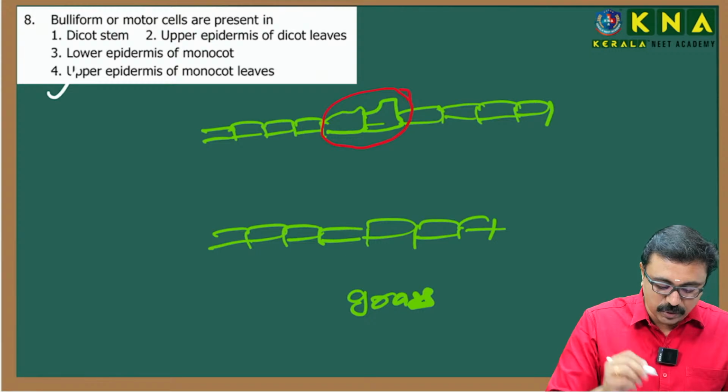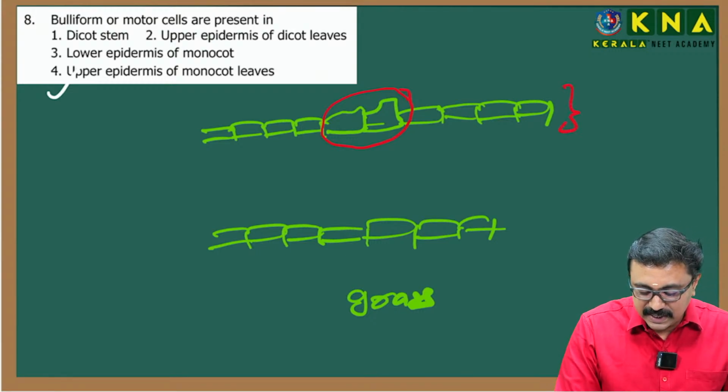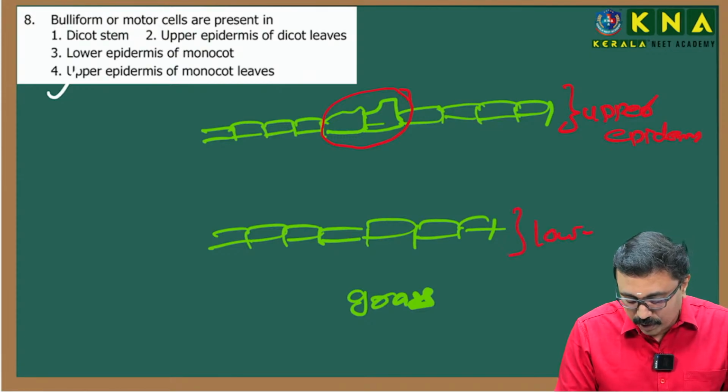Upper epidermis is also called adaxial epidermis. This is the upper epidermis and this is the lower epidermis.